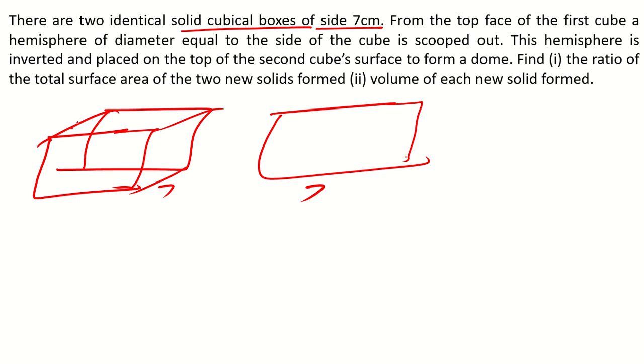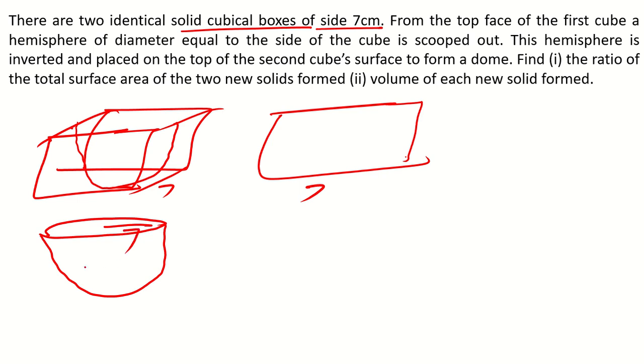Scooped means you have cut it like this, touching the surface, so it looks like a hemisphere. Its diameter is 7, so the radius will be 3.5, which is 7 by 2.